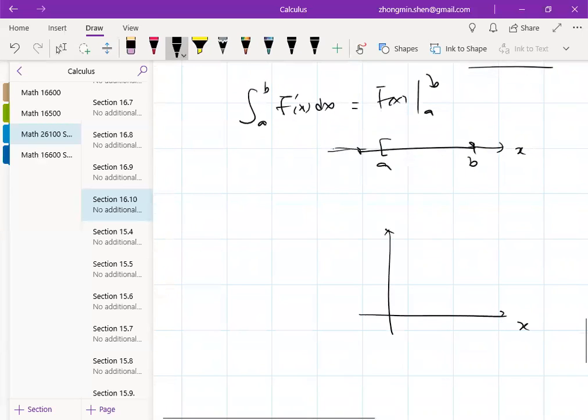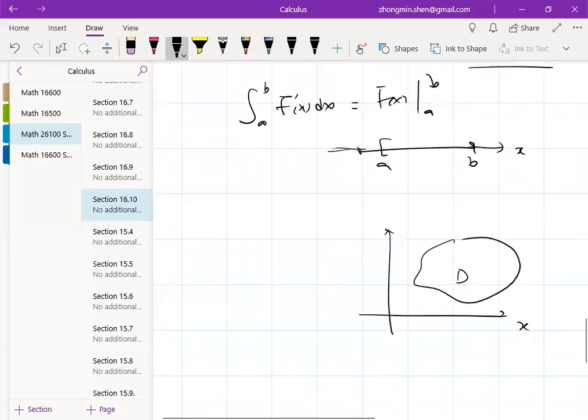But then the problem is that an interval in a 2-dimensional space is not going to be a rectangular box. It could be a general domain D. It's more complicated, more freedom there. When I say a domain on the x-axis, as long as the domain is connected, it's just one interval.